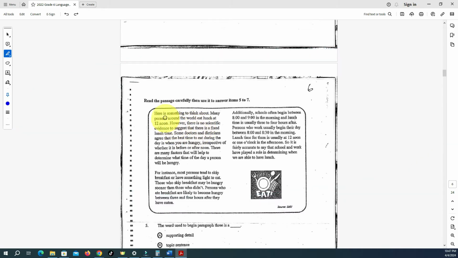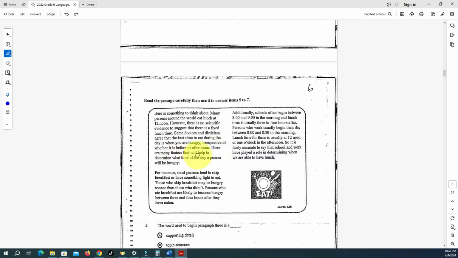Here's another passage we need to read. It says, here is something to think about. Many persons around the world eat lunch at 12 noon. However, there is no scientific evidence to suggest that there is a fixed lunchtime. Some doctors and dietitians agree that the best time to eat during the day is when you're hungry, irrespective of whether it is before or after noon.